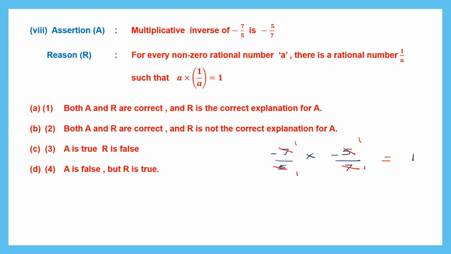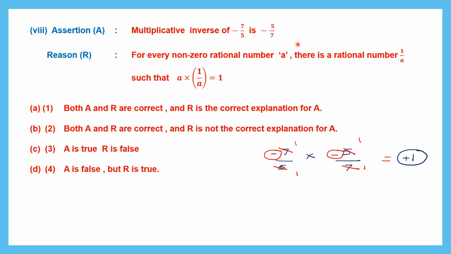And now we're going to multiply the signs. Minus into minus is plus. So your answer is positive 1. Your answer is just 1. So what did we do here? We took a rational number, multiplied it by its multiplicative inverse and we got the answer as 1. Then you know that this is the multiplicative inverse of this rational number. So the first statement is true.